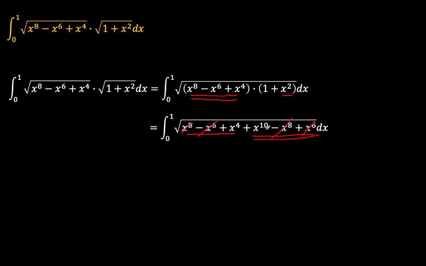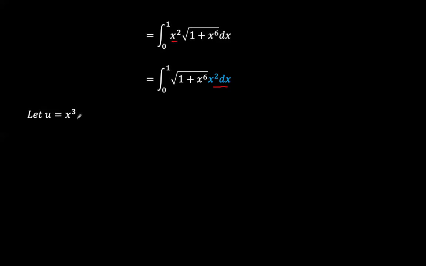So we are left essentially with these two components, and that is x to the power 4 plus x to the power 10, all under the square root sign. Then we can pull x to the power 4 out, and when you get the square root of that, we have x squared, and then the square root of 1 plus x to the power 6, which is interesting.